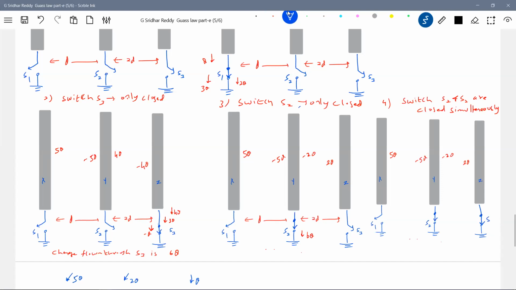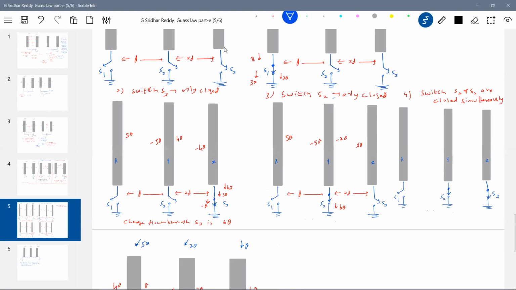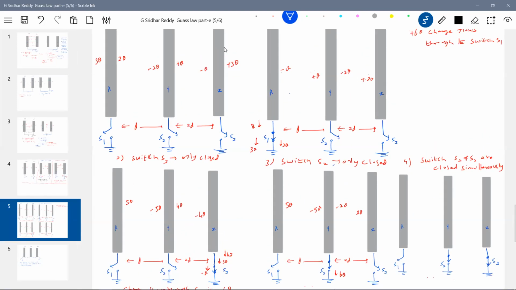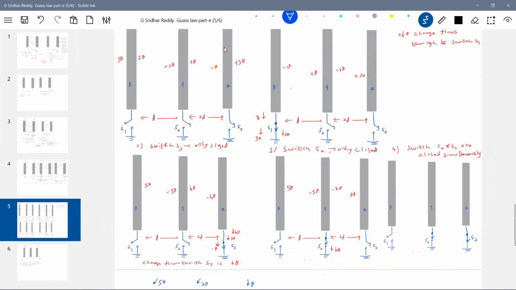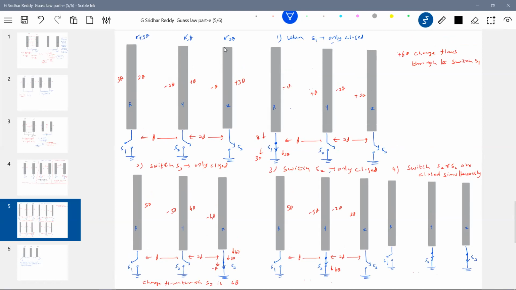Now look at now. Both these switches I'm going to close simultaneously. What will be the charges? What was the charge of plate Z? I think you are able to see completely.